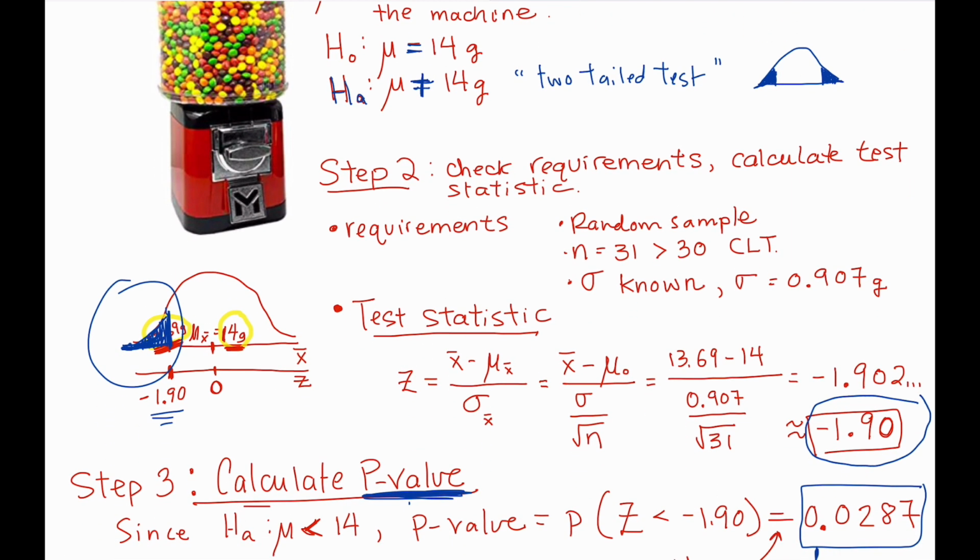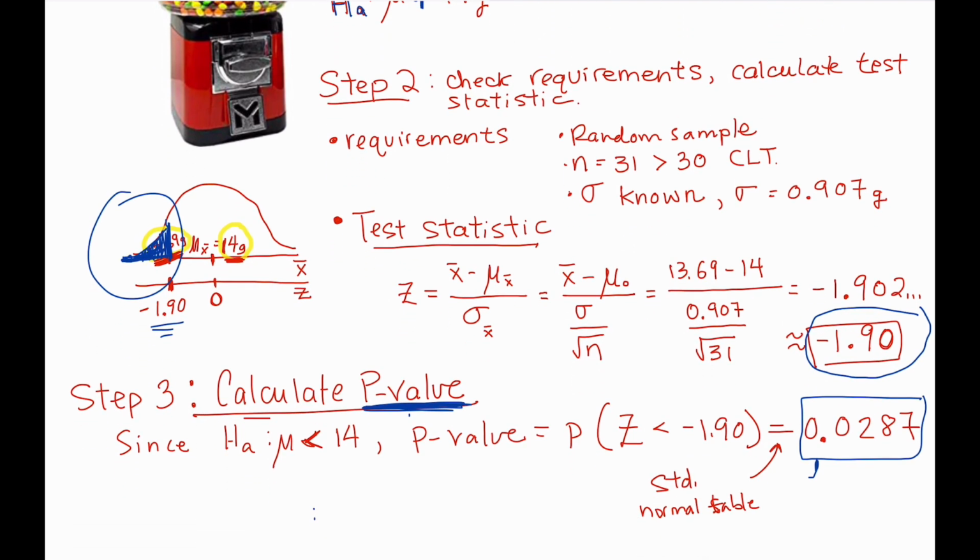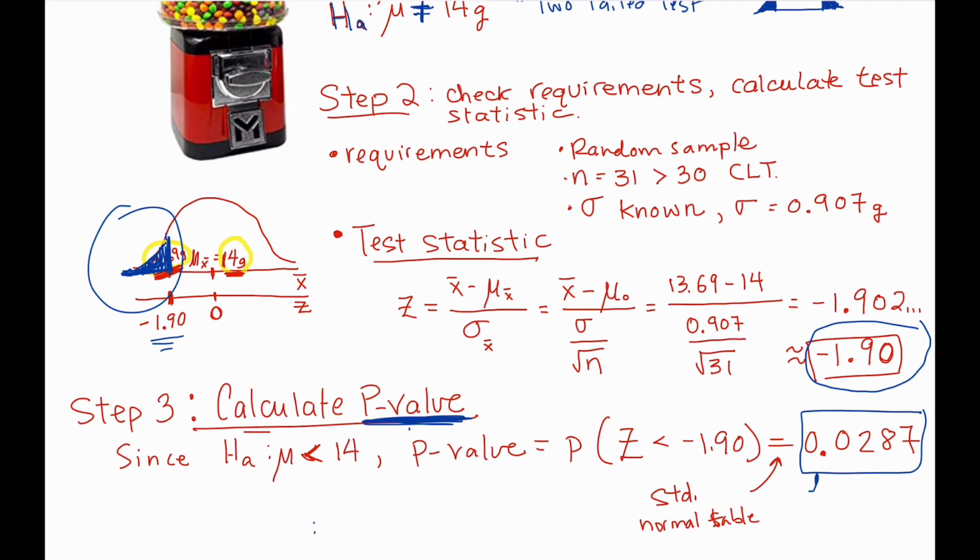In step 3, when we have a test that is two-tailed, so mu is not equal to 14 is our alternative hypothesis, the p-value is going to be given by double this amount. If I go back up to the picture here, it's going to be the area in the left tail and the symmetric tail on the right side. So we basically are going to be multiplying the p-value by 2.